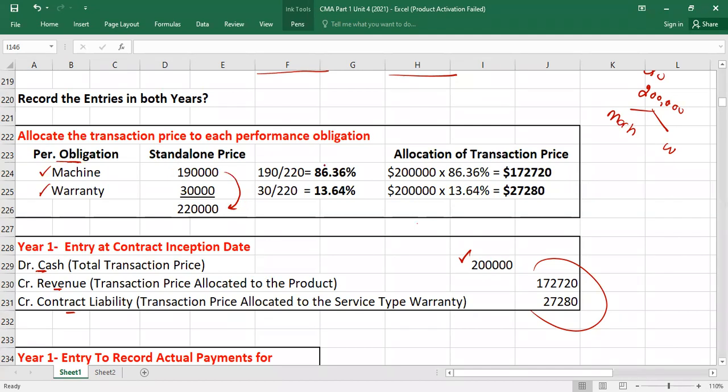So you will get 86.36%. Same way you will do for the warranty: warranty market value divided by total market value. You will get 13.64%. Now once you have these percentages, the transaction price was 200,000.